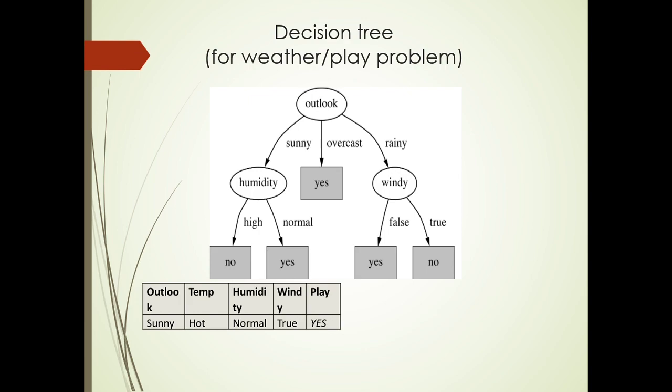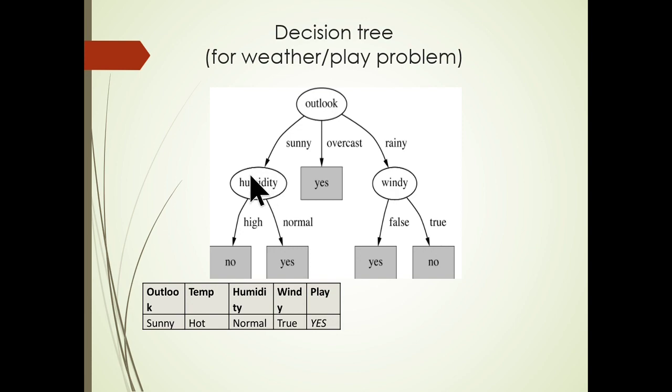So finally the decision tree is drawn like this. Initially we have chosen Outlook as the root node, and if it is Overcast, the decision is very easy. Directly we predict that play is going to happen on that day. If the Outlook is sunny, then we go to humidity.